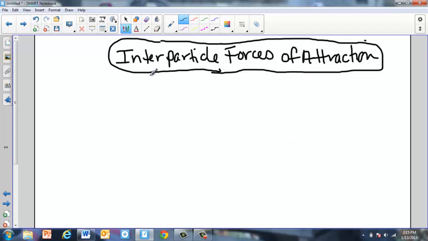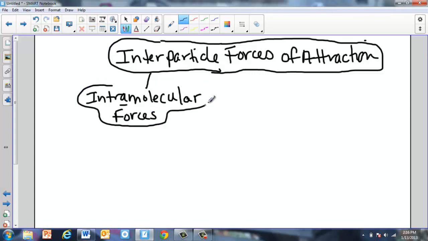Okay, the first kind that we're going to talk about of these is really a review from last semester, and that is going to be intramolecular forces. And it's a little bit leading to use the term molecules because we learned molecules as only referring to covalent bonds. And we're going to use that as a little bit more generalized term.